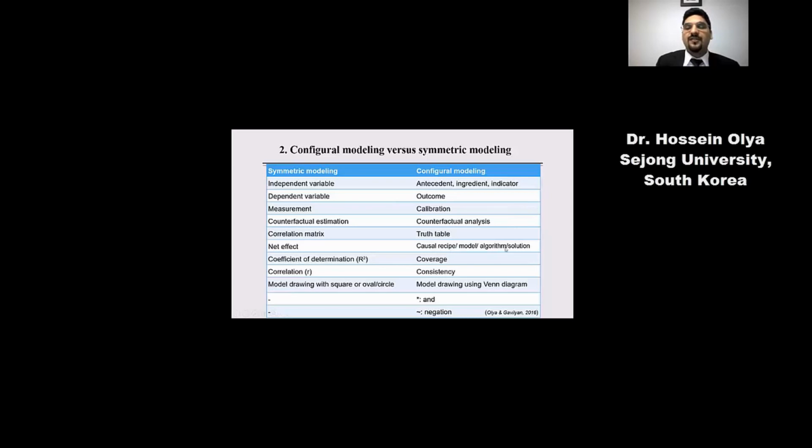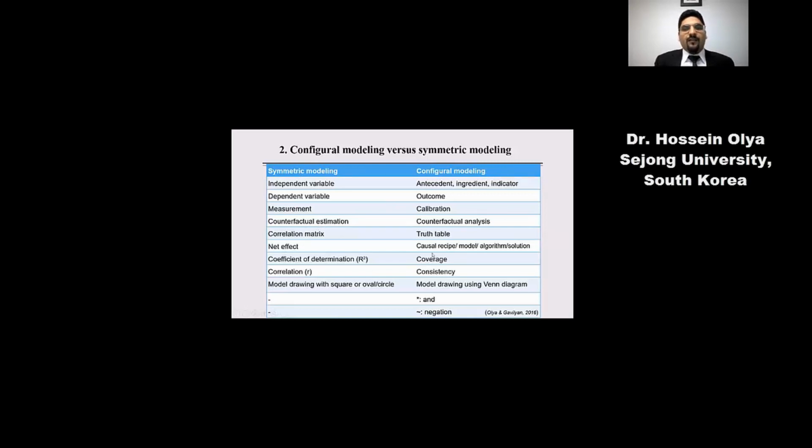This causal recipe can be a solution for explaining that complex outcome. So if I use causal recipe, causal model, causal algorithms, and solutions, then you would know that I'm talking about the net effect in symmetrical modeling.